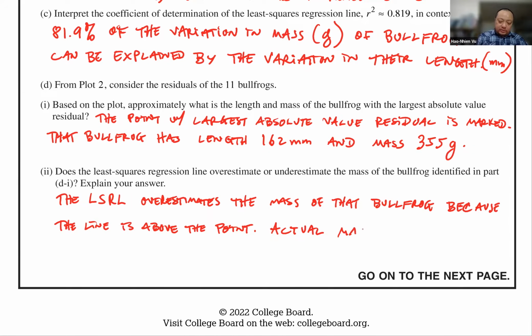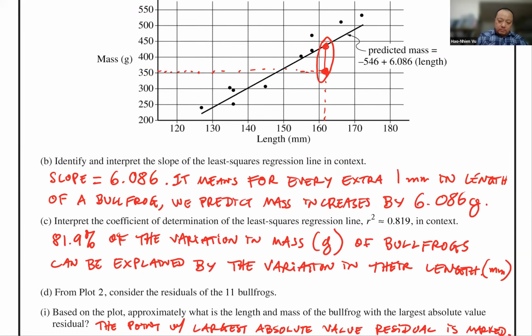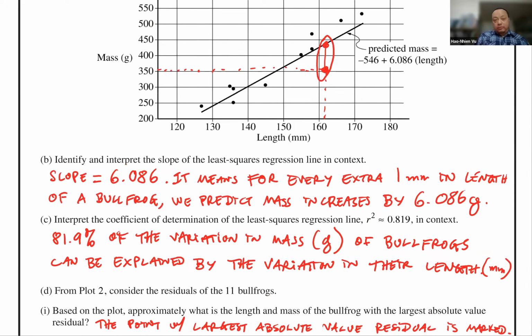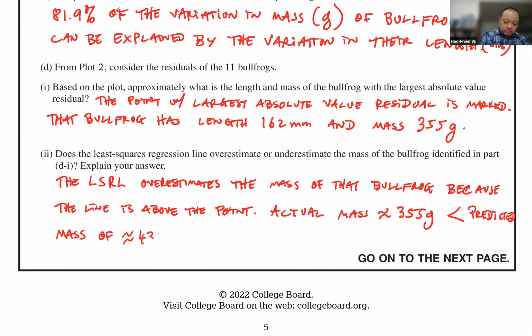Actual mass is approximately 355, and that's less than the predicted. The predicted mass looks like about 430. Moving on.